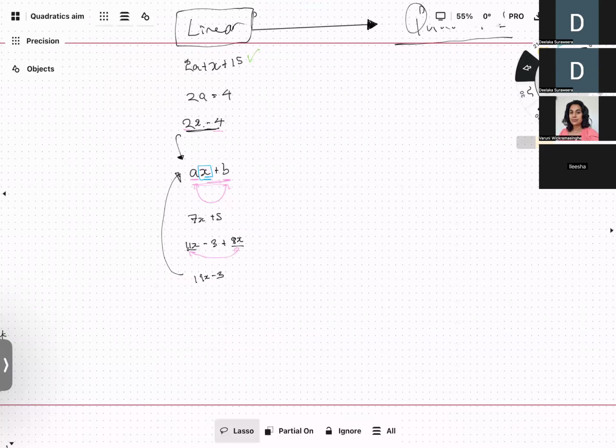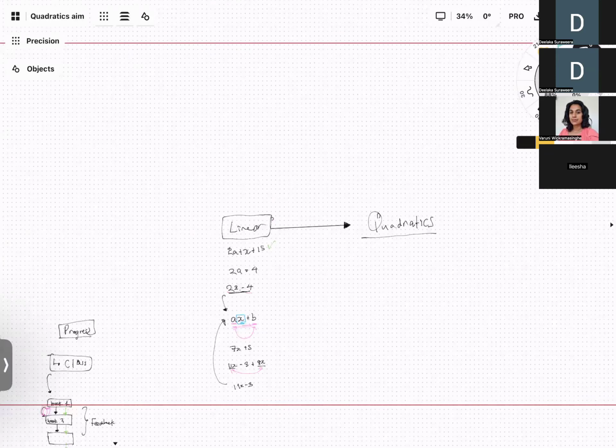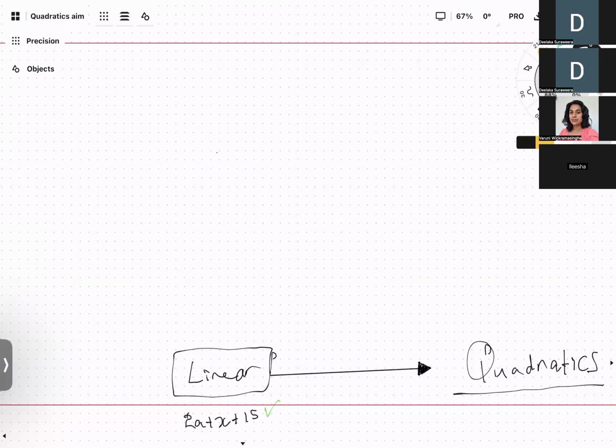So a very simple example would be a parallelogram and a rectangle. You can say that parallelograms are generalizations of rectangles. Why? Because every single rectangle is a parallelogram.